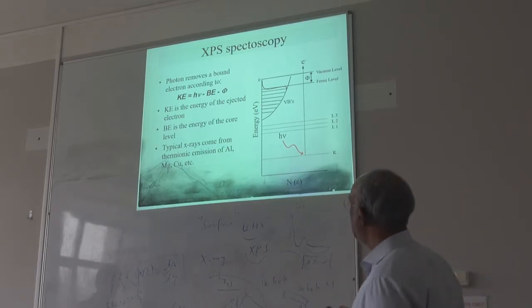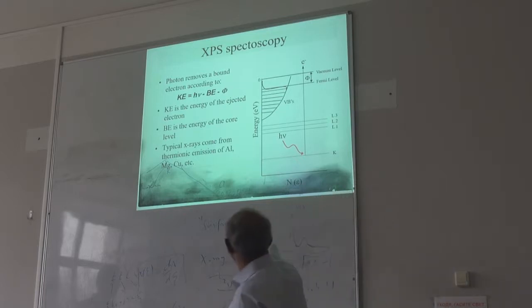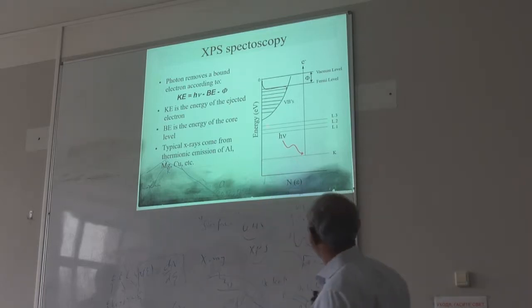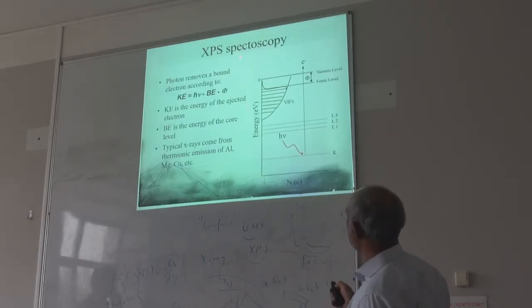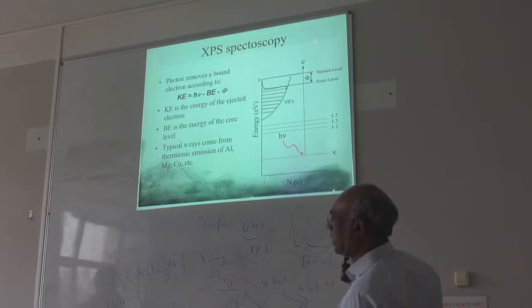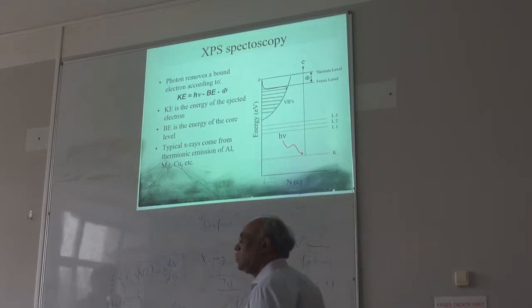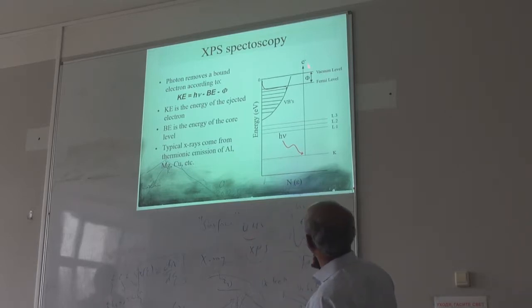Now, in the XPS, you are going to shine X-ray. Then it will remove an electron here. This electron is what I am going to measure using this detector. I am directly measuring the kinetic energy of this electron.